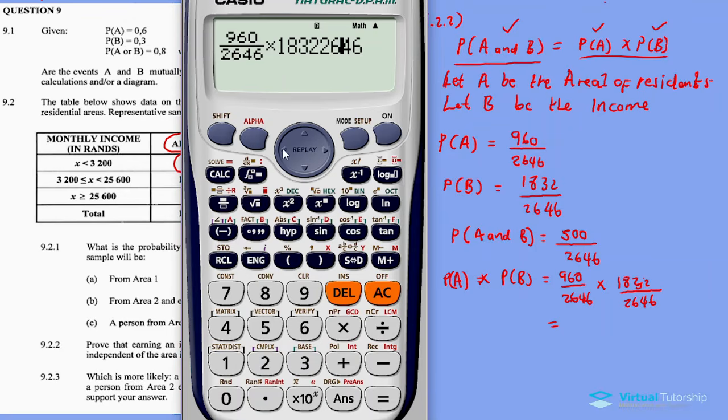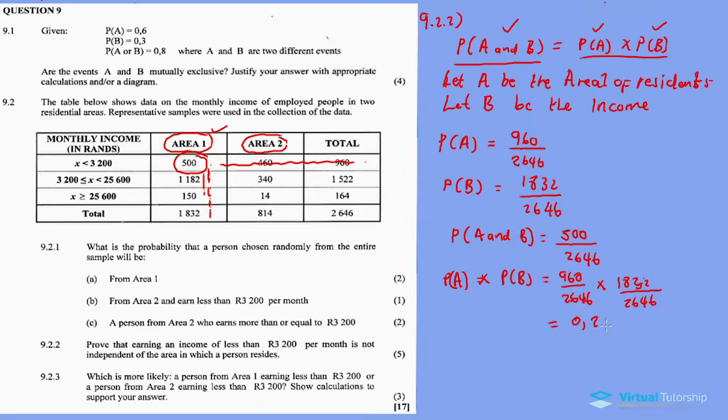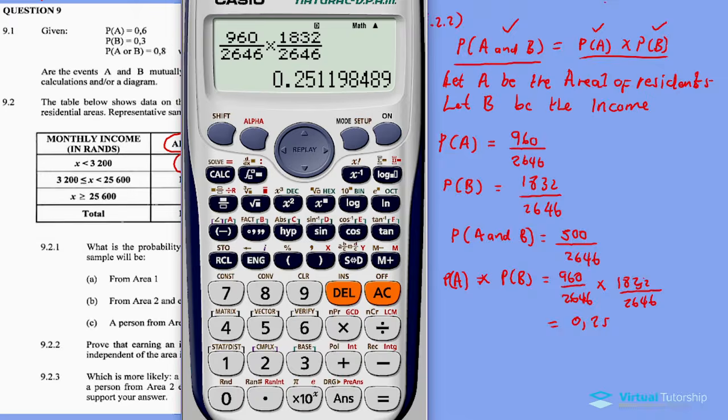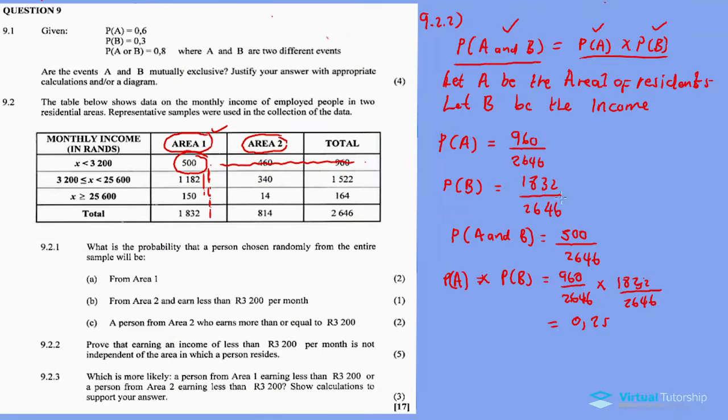Okay, let's break here. The answer is 0.25. Okay, now let's round it off to 2 decimal places.